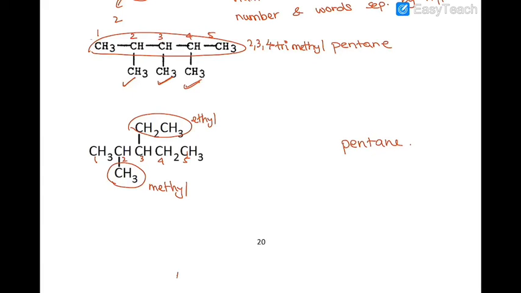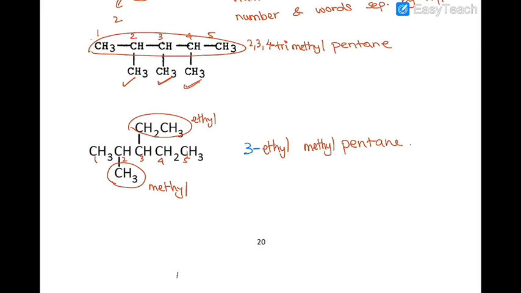Now, methyl, ethyl, which one will come first? Normally, we put the groups in alphabetical order. So, ethyl will come first, then methyl. Okay, now we put the numbers associated with the ethyl and the methyl. So again, smallest numbers possible. So ethyl is on the third carbon, so 3-ethyl.